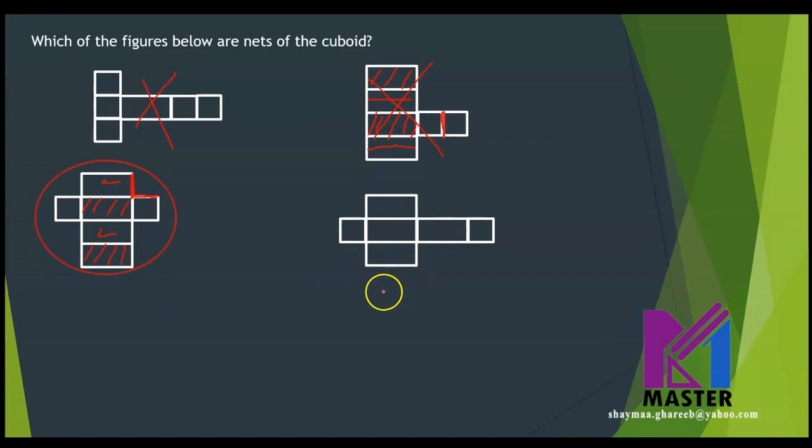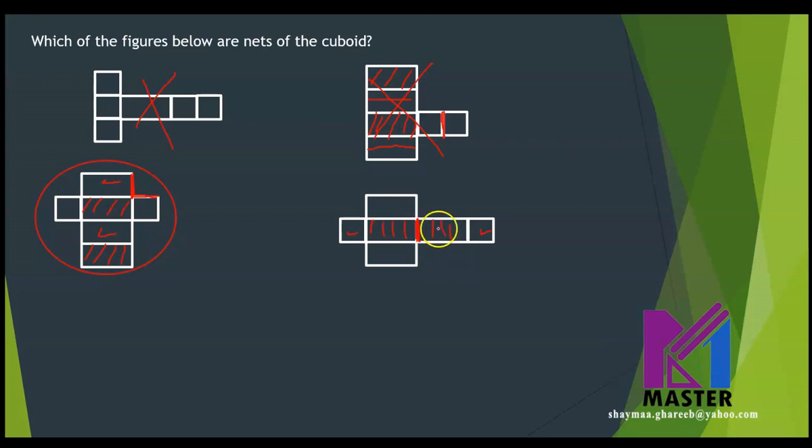What about the second one here? What do you notice about these two faces? If we said this one is opposite to this one, which is not true, then we will find that these two together are exactly the same size, but they meet at a point and an edge, of course, a side here.